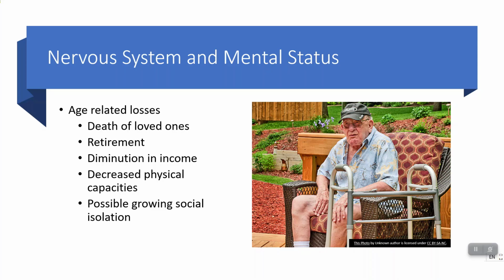What we know is that age-related losses, such as the death of a loved one, retirement, a diminution in income, decreased physical capacity, and other disabilities sometimes lead to growing social isolation. It can be said that social isolation is a problem for many elderly in today's society.